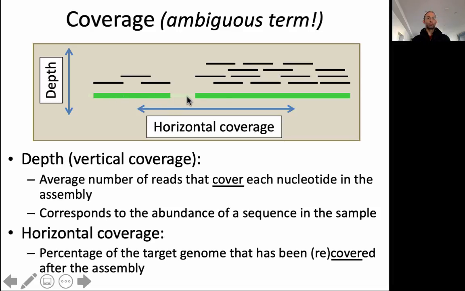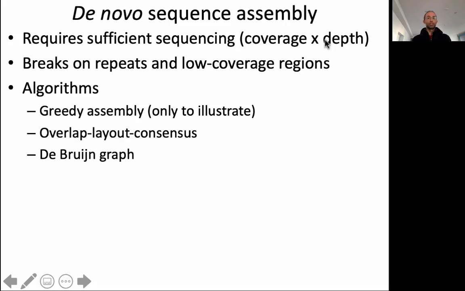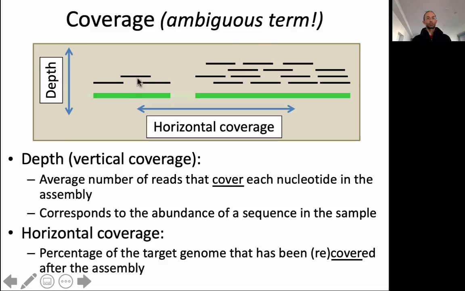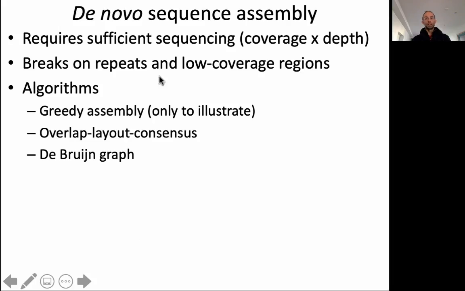All of the nucleotides should be present in the sequencing reads, otherwise we cannot assemble it. But we also need enough depth, because if there's not enough depth, an assembly program might not be able to identify the little overlaps between two sequencing reads. So we need enough data to be able to assemble a genome.